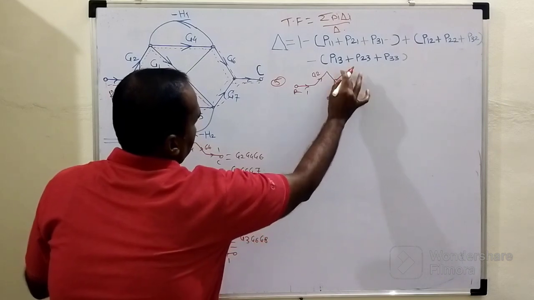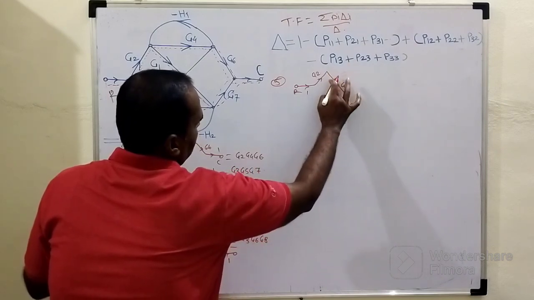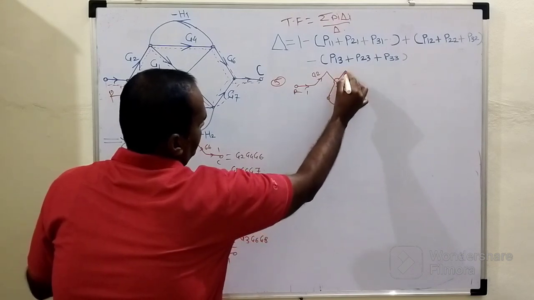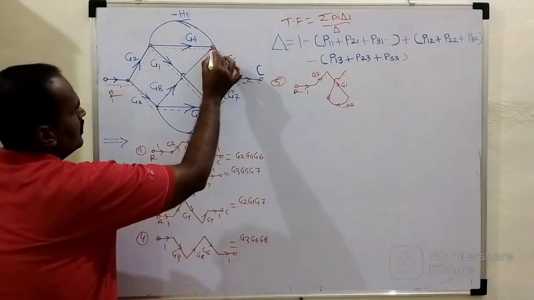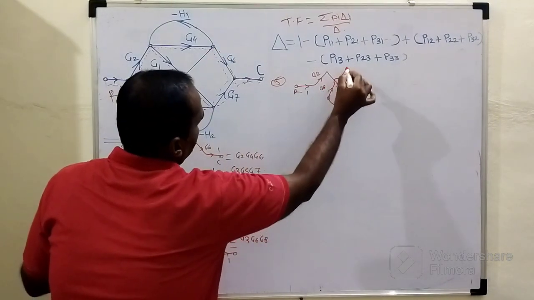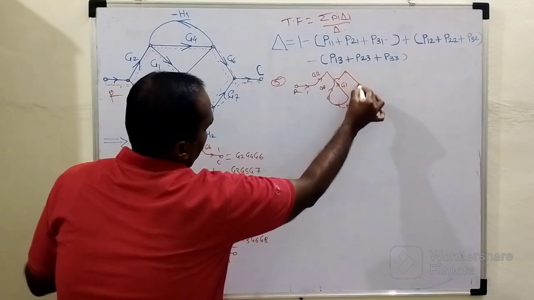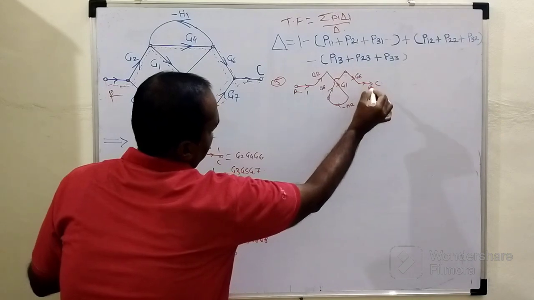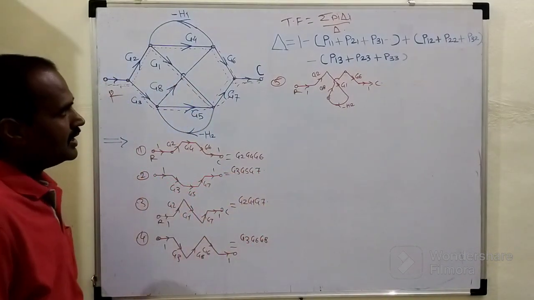Then again, with another diagonal element we will come across at that particular node whose gain is G8, and with the help of this G6, this is C, and the gain of this path is 1.